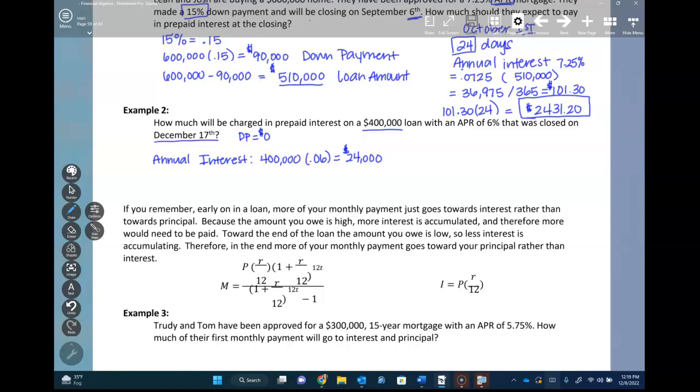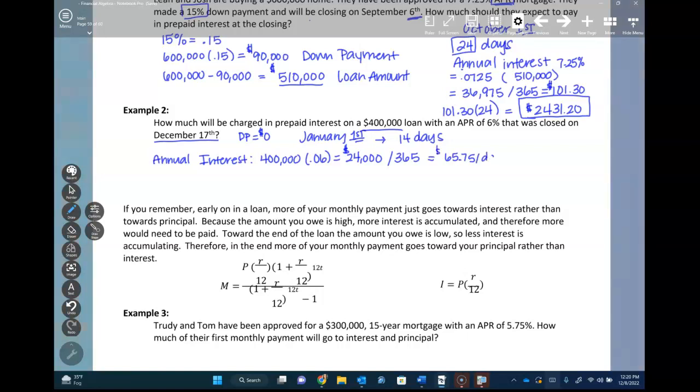If it's December 17th, I need to figure out if I'm paying on January 1st, how many days is that in between those two dates? We should get 14 days in between. So to figure out daily, I'm going to take that 24,000 divided by 365 and get approximately $65.75.